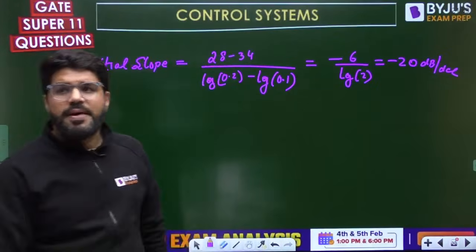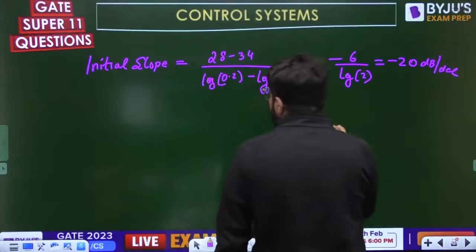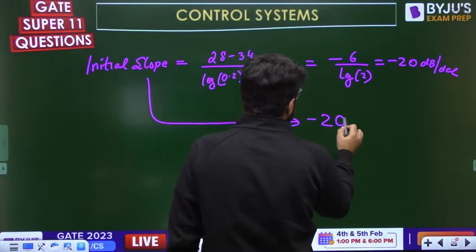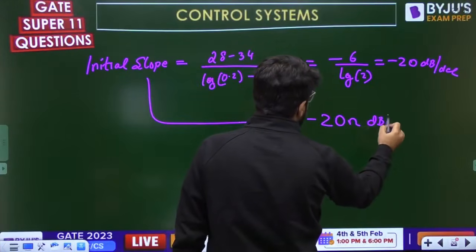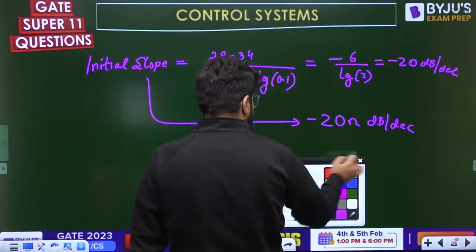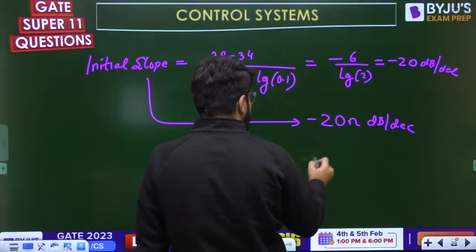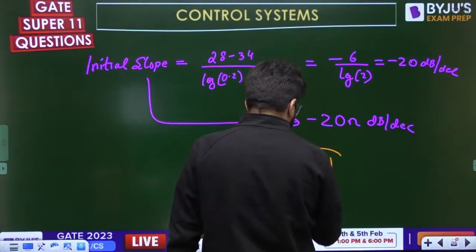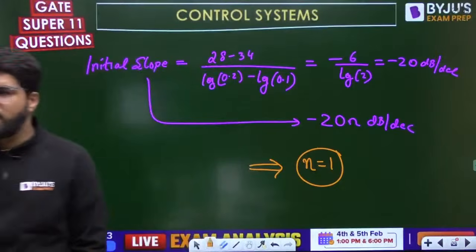The initial slope is minus 20 decibel per decade, whereas the initial slope should be represented as minus 20n decibel per decade. So comparing minus 20n and minus 20, the value of n will be equal to 1.